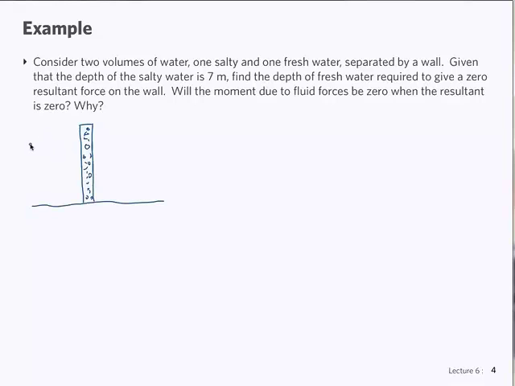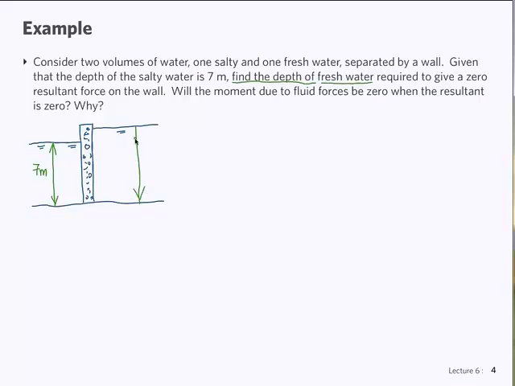And on one side you have salt water, and on the other side you have fresh water. And the depth of the salty water is 7 meters. Then the question is to find the depth of the fresh water required to give a zero resultant force on the wall.